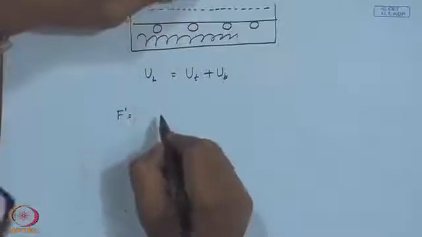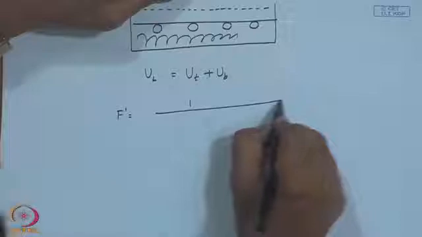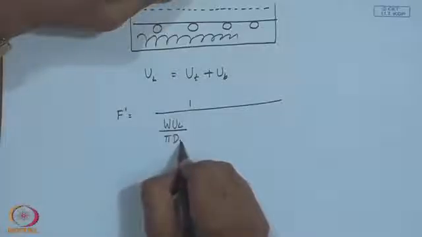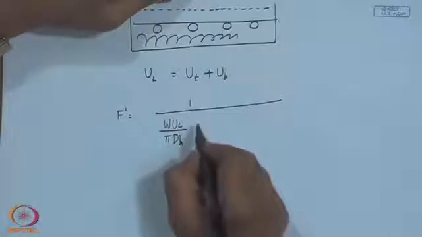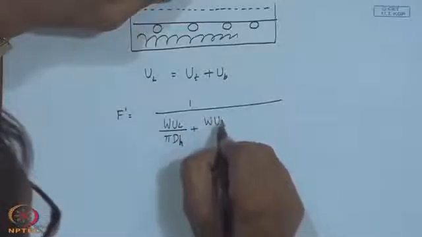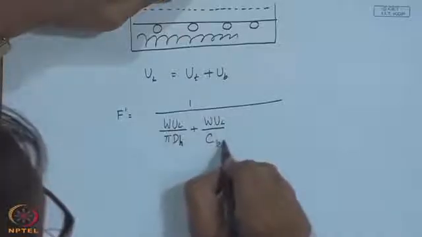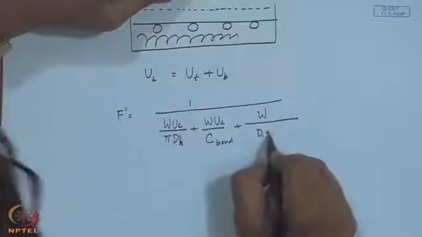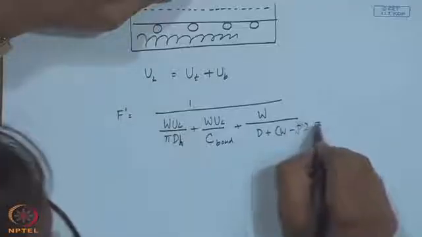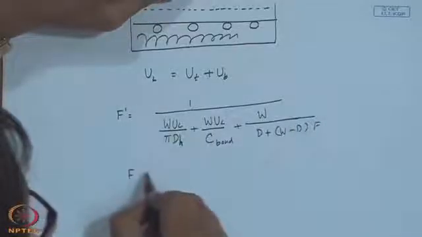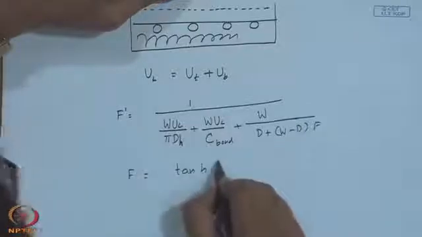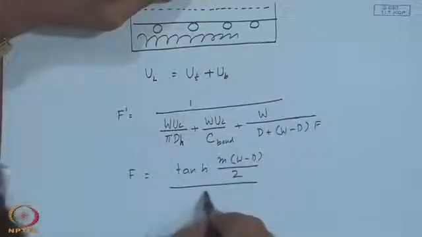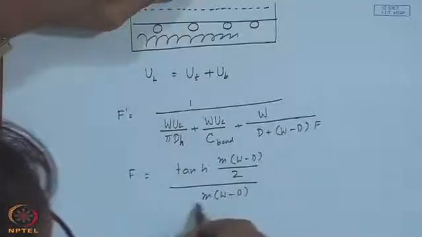F dash is 1 upon W U L by pi d h, where this h is the heat transfer coefficient, plus W U L upon the bond conductance, plus W upon d plus W minus d times F, where F is the fin efficiency given by tan hyperbolic m into W minus d by 2 by m times W minus d upon 2.